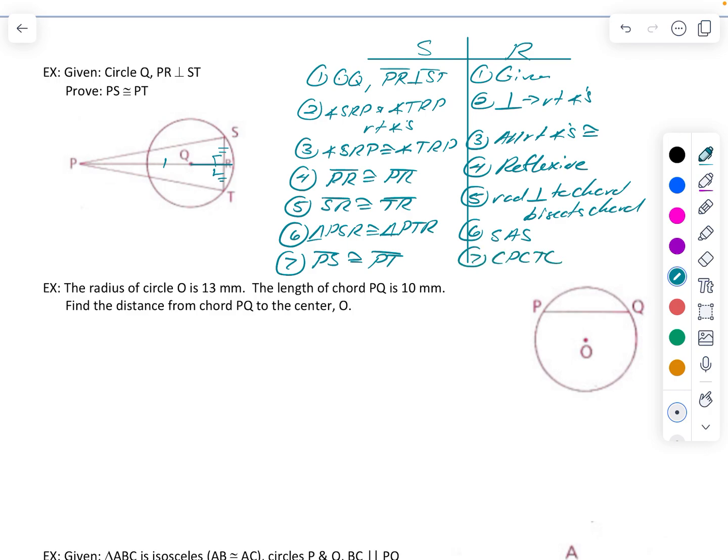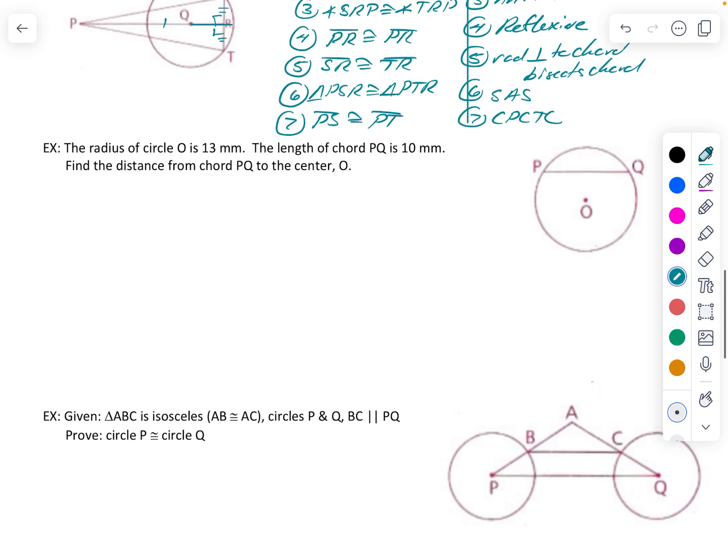So we're using our good old congruent triangles, but we did use our new theorem: if a radius is perpendicular to a chord, it bisects that chord.